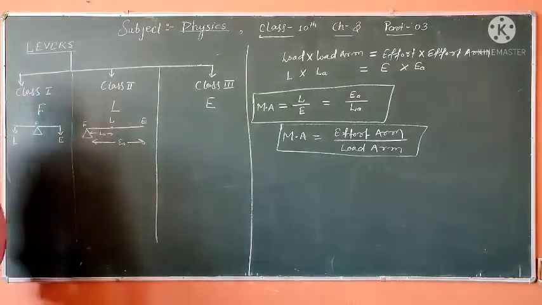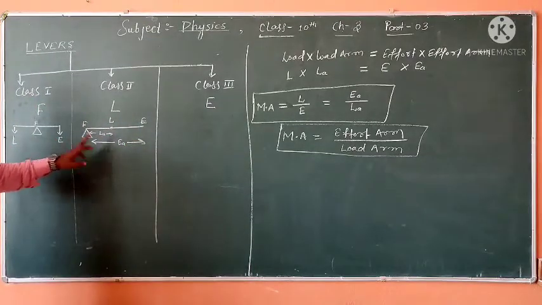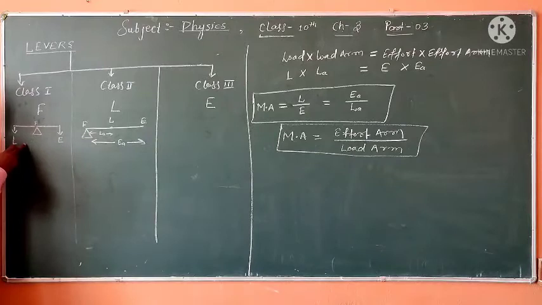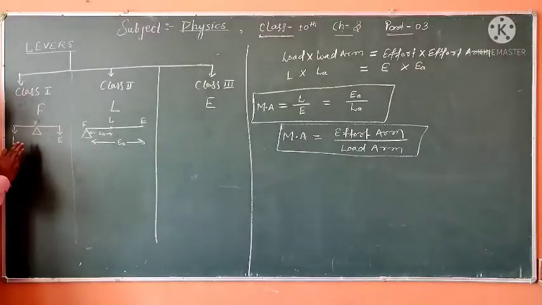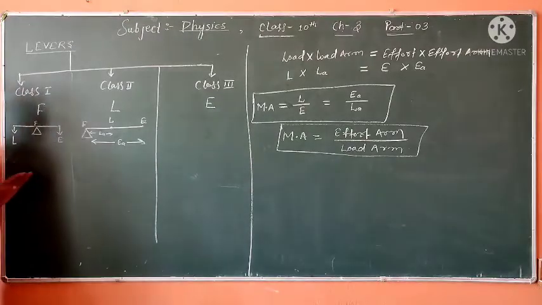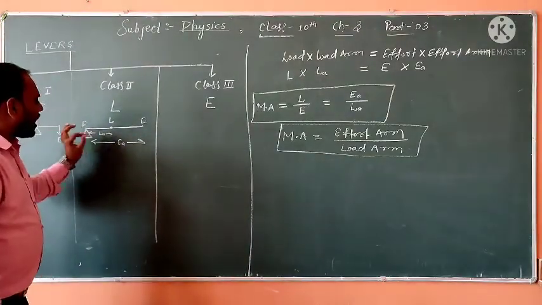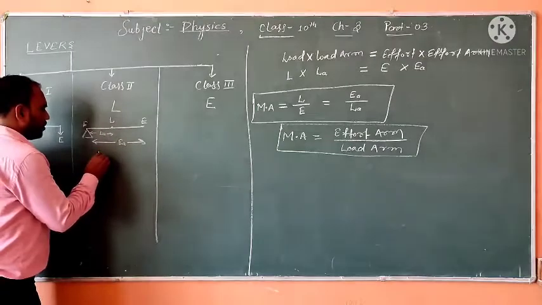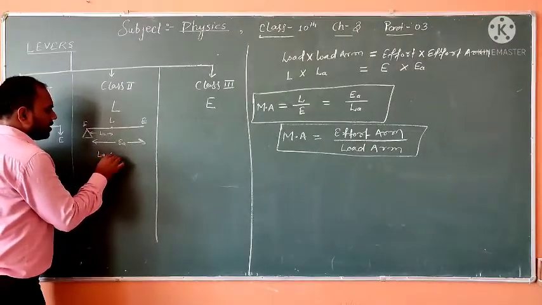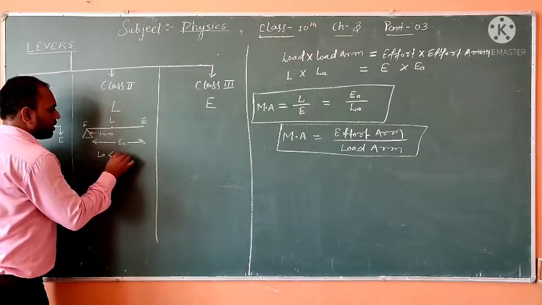In class 1 we cannot guess. It may be less, it may be greater, it may be equal. In this case, always the load arm will be less than the effort arm.